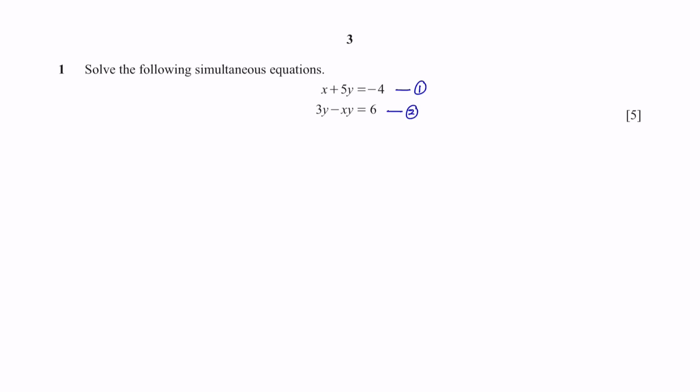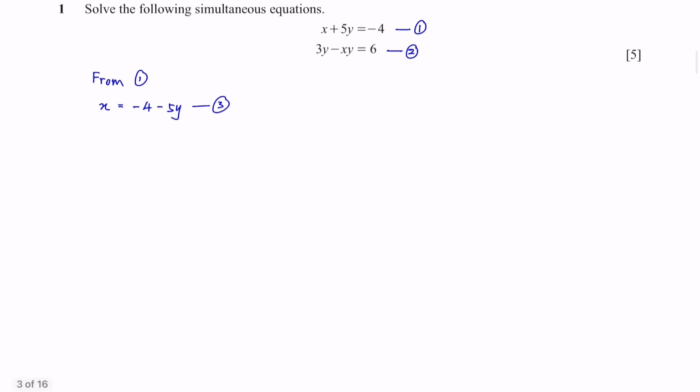So from 1, we can rearrange the equation and have x equals -4 minus 5y. So this we can name as the third equation. So we can sub 3 into 2.